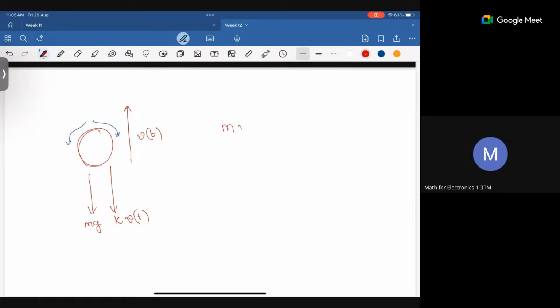So m into v prime of t is basically the forces acting, mg and k v of t, both in the opposite direction of the ball's moving direction.